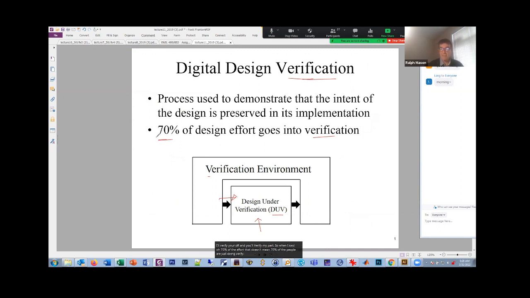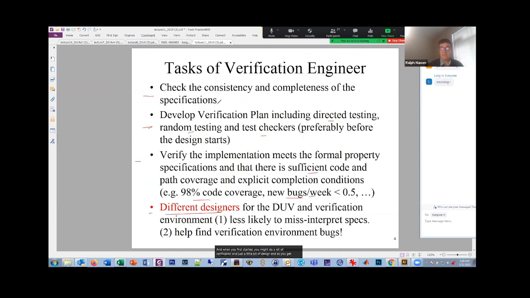That just means that everybody does some design, but you do more verification than you do design. And when you first start, you might do a lot of verification and just a little bit of design. And as you get more experience, you might do a higher percentage of design to verification. But generally what's happening is people are switching roles all the time, doing some design and some verification.